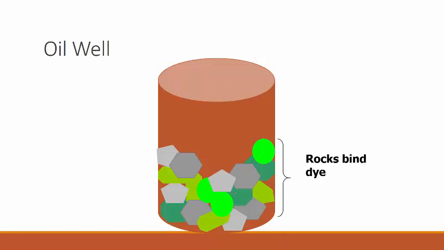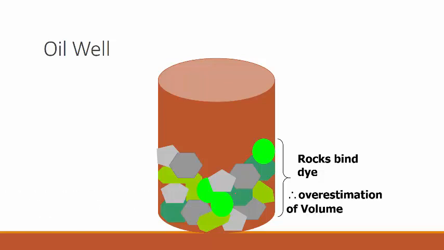And those rocks will bind up your dye. If those rocks are binding up your dye, what's going to happen? Well, your concentration is going to be more dilute than it really should be to represent the volume, right? Because the drug is all stuck there, so you're going to overestimate your volume.